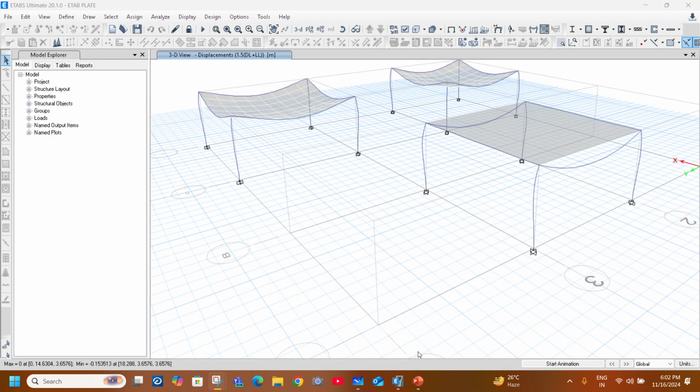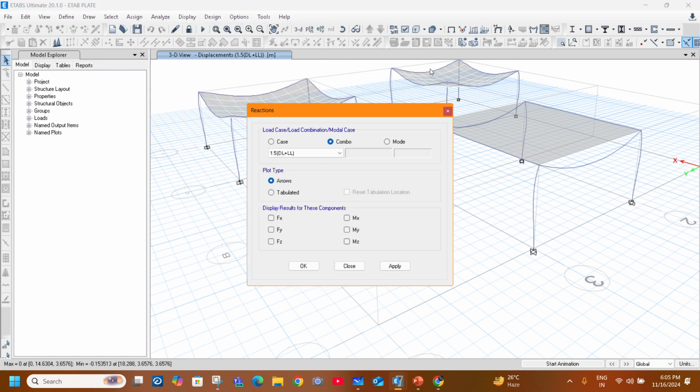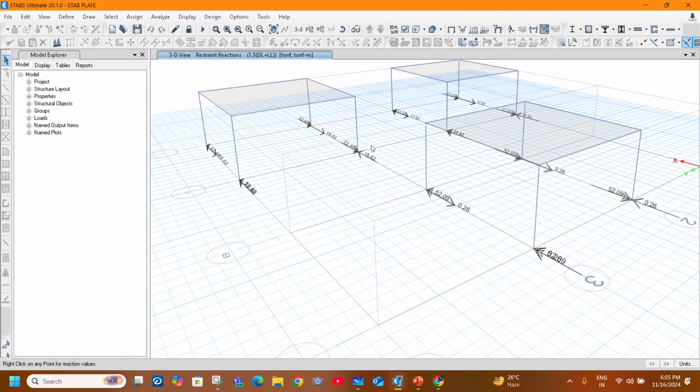So we can check the stress display and the support reactions, we are checking Fx and Mx.